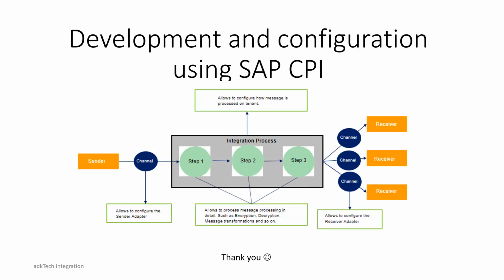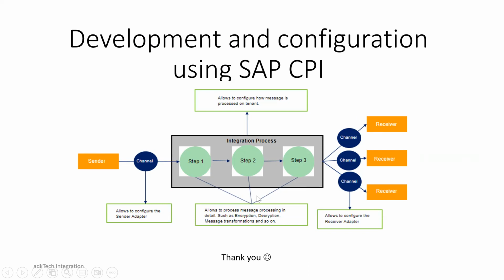Now, let's come to the development of the configuration using SAP CPI. This is the way we are going to develop our CPI flow. In the CPI flow, one sender would be there. There can be one or multiple senders and receivers.